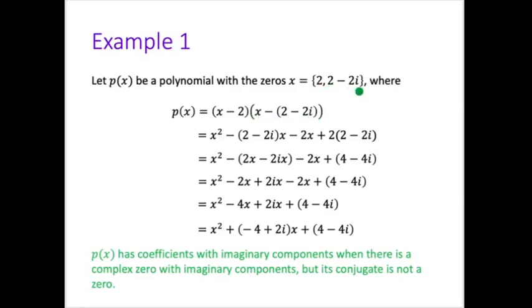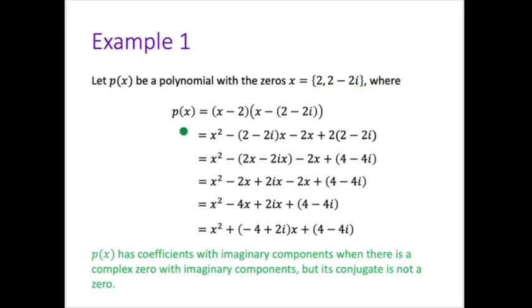Also notice that 2 minus 2i is a complex zero with an imaginary component. The negative 2i is an imaginary component, whereas 2 is just a real number.